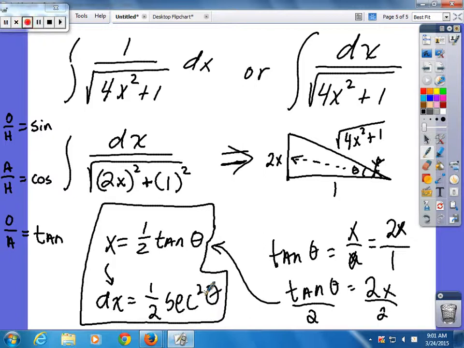Now you also know that the secant is equal to the square root of 4x squared plus 1 over 1. How do you know that?